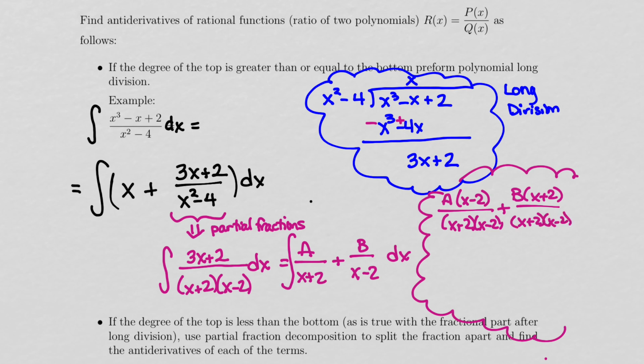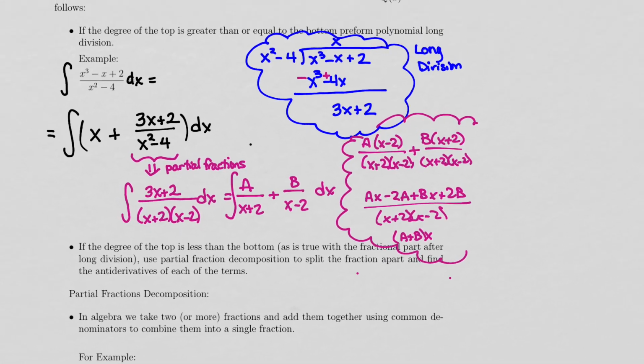Let me see. So I got ax plus minus 2a plus bx plus 2b. And then I get a plus b, plus negative 2a plus 2b. Oh, this is a lot of work and I didn't leave enough space. I see that now.